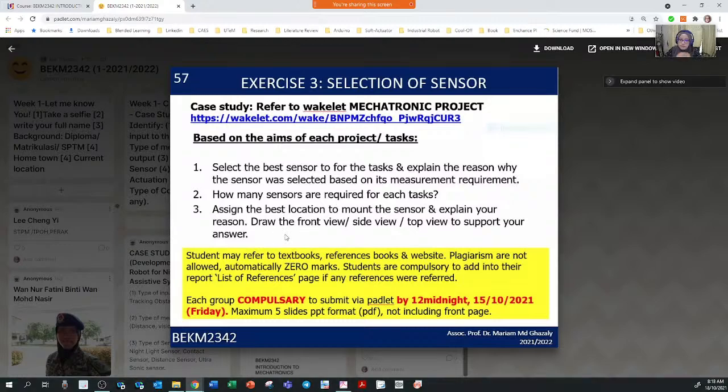When you want to control displacement or control the angle, you know that you need to have this sensor. So this is where students need to discuss with their peers.